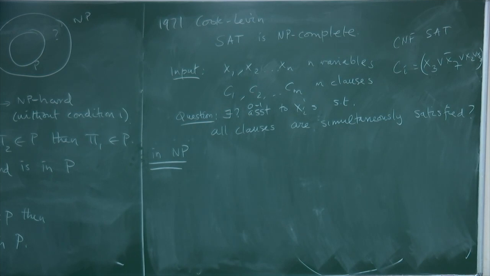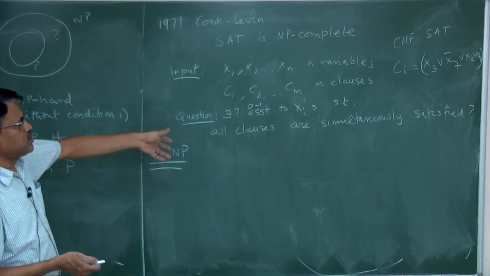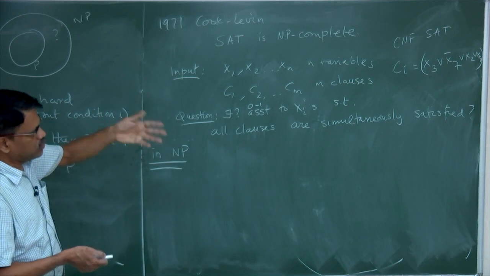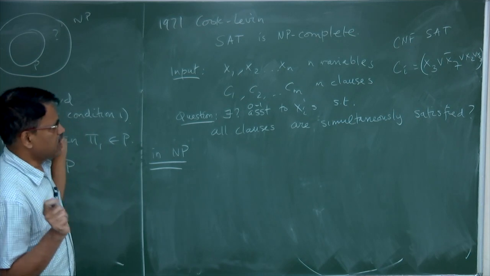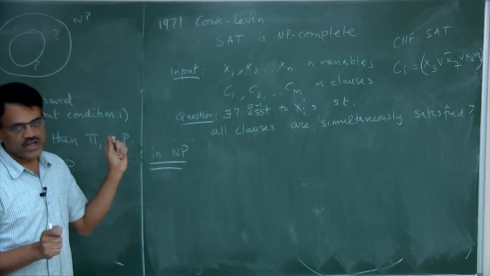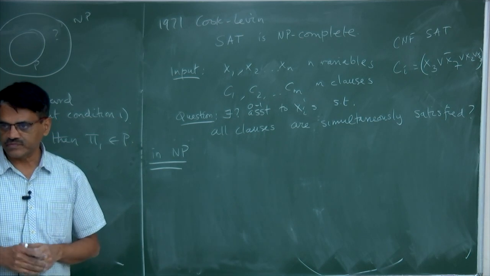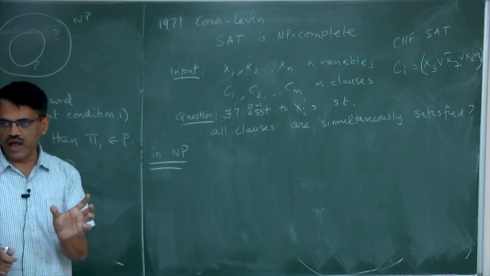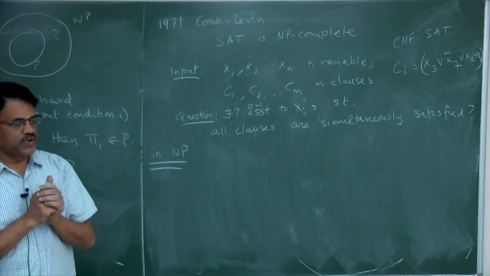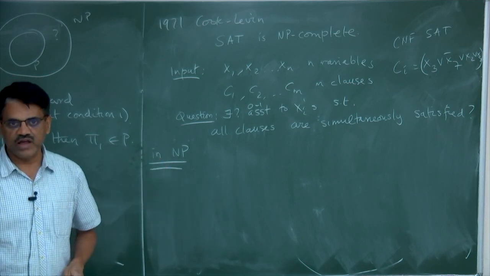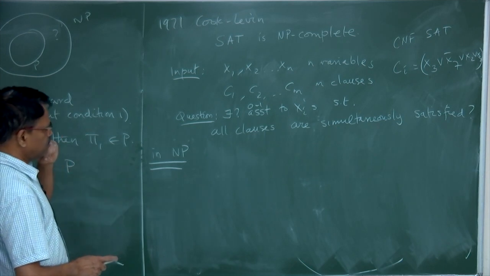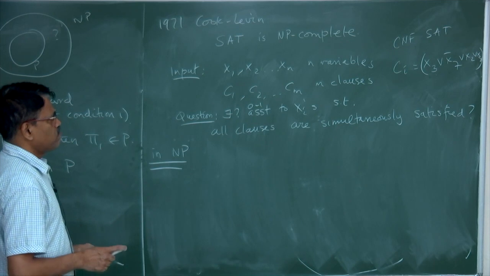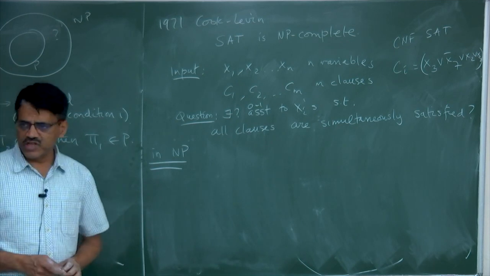A satisfying assignment is a certificate: you will say, set x1 to 0, x2 to 1, x3 to 0, x4 to 0 and so on, and I look at that assignment, go through each clause, and make sure that every clause is satisfied. So, you have an n bit witness and a simple linear time verification algorithm which will verify that this assignment is satisfying. So, that makes it a problem in NP. What would be a brute force algorithm to solve this?